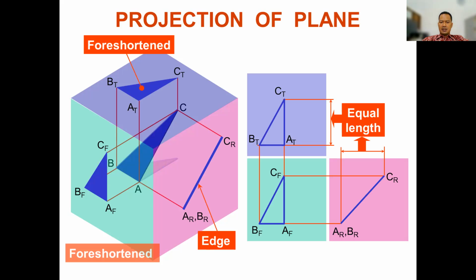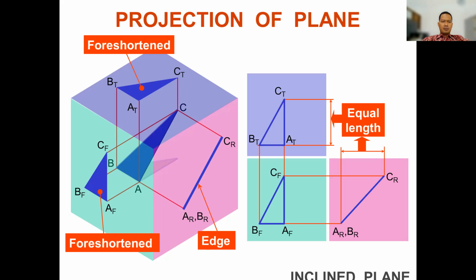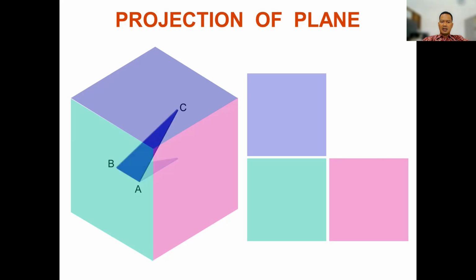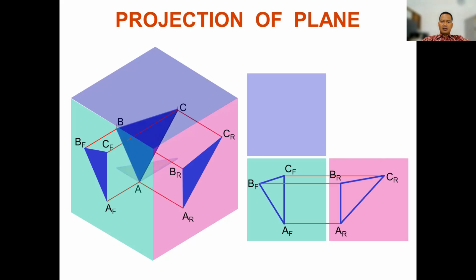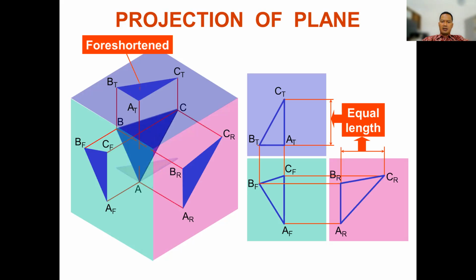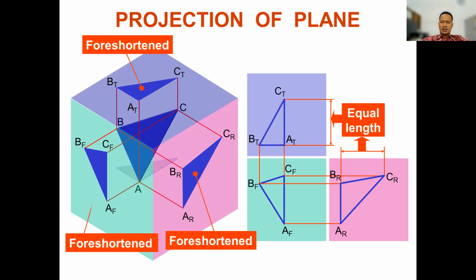We don't have the same triangle for all projections. And then another position of triangle here. Also, we will not get the same triangle in all projections.